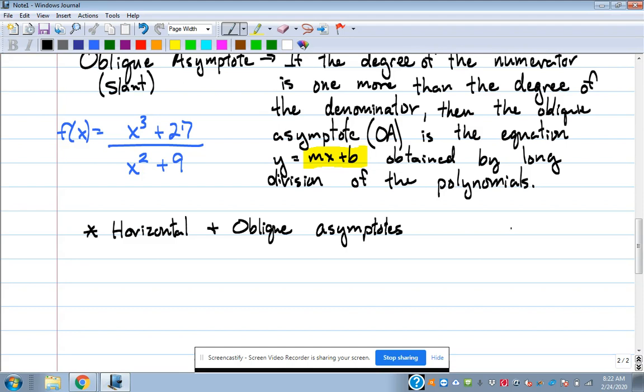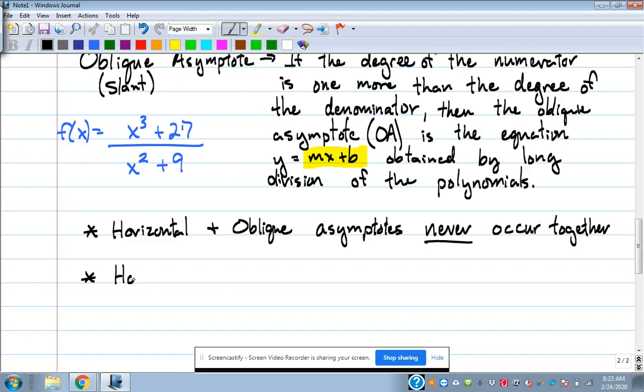No way. If the rules for the degree are different for each scenario, then there's no way that horizontal and oblique asymptotes occur together. So if you're working a problem, we're going to find the domain and find all those asymptotes. If we found that it had a horizontal asymptote, we automatically know that there's no oblique asymptote. All right. If there's no horizontal, does that automatically mean that there's an oblique? No, it's possible that we don't have oblique or horizontal.